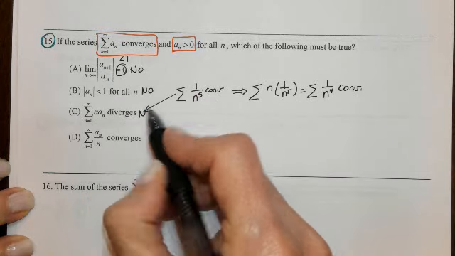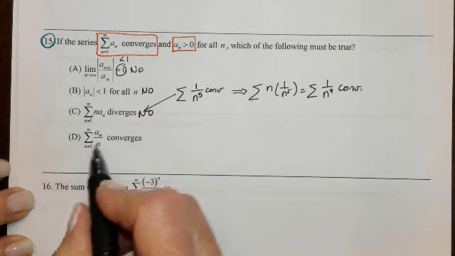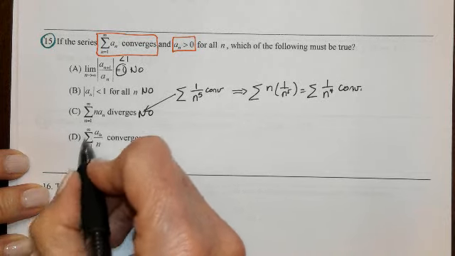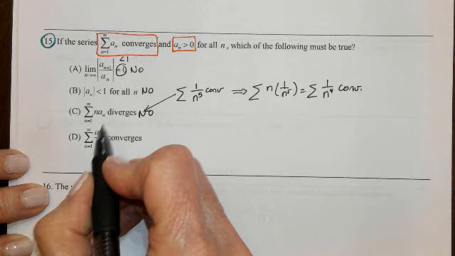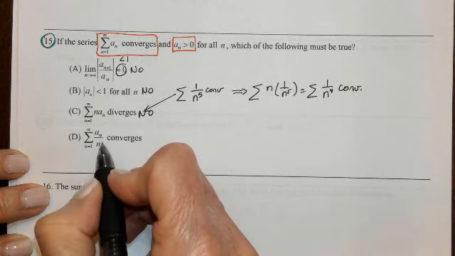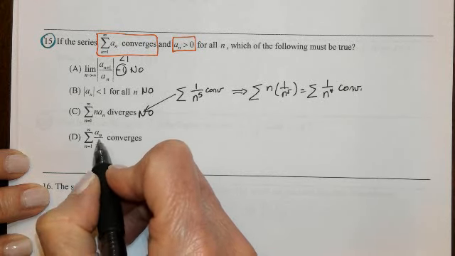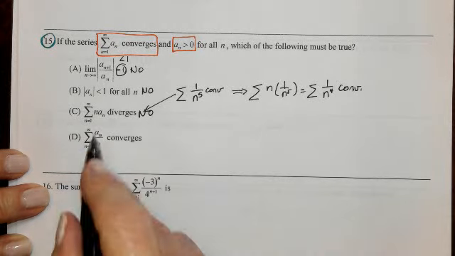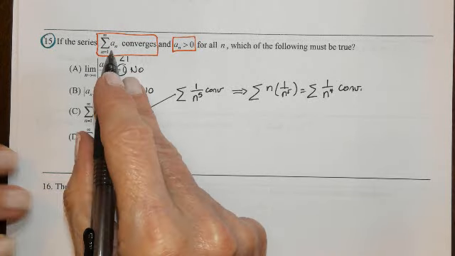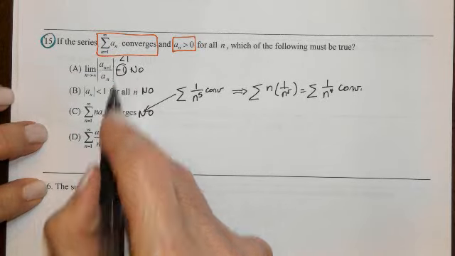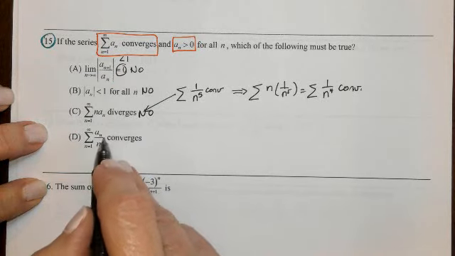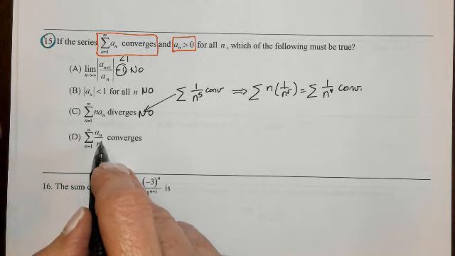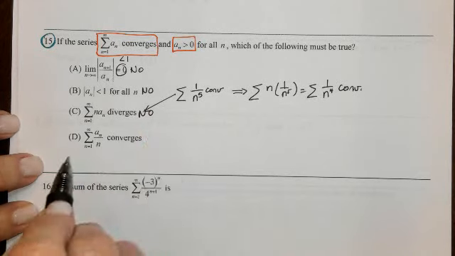We've ruled out everything else, so this has to be true. And if you look at it, they're saying, okay, the series for a sub n converges. So what would happen if you had the series of a sub n divided by n? Well, this definitely would converge because dividing this by n makes it even smaller, right? Every term in this series would be less than or equal to every term in that series.